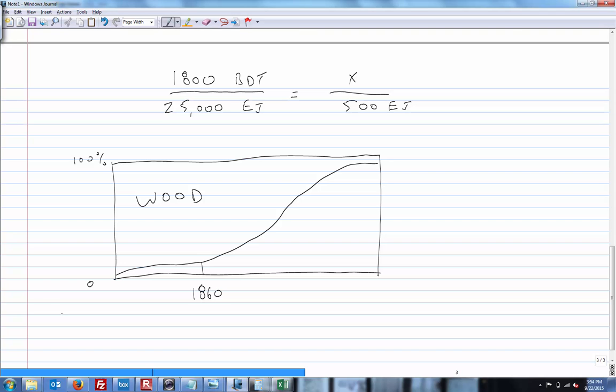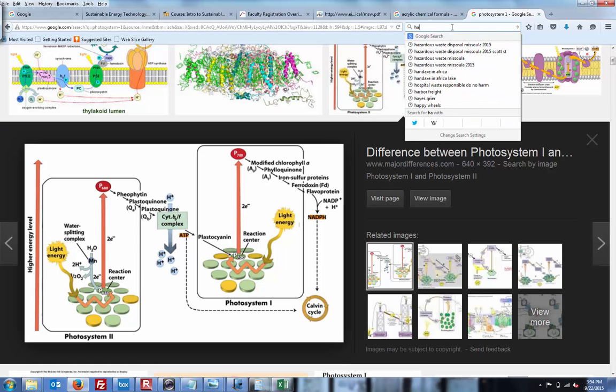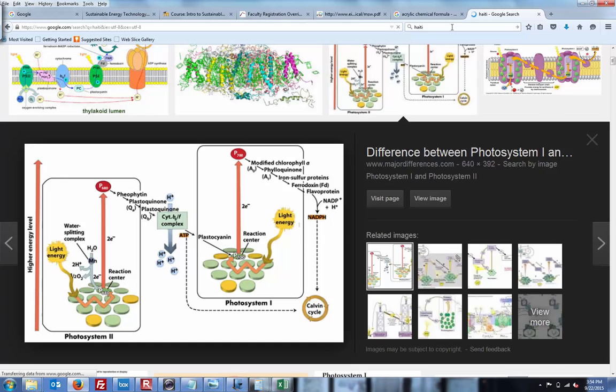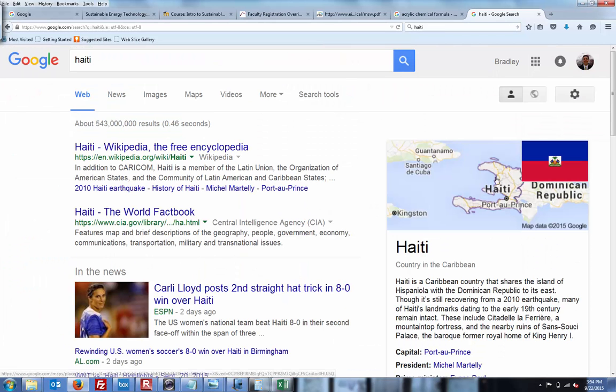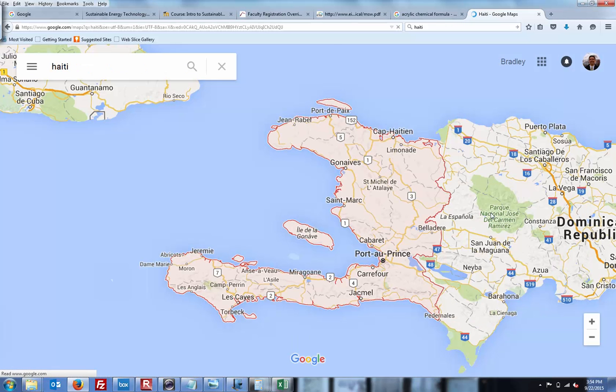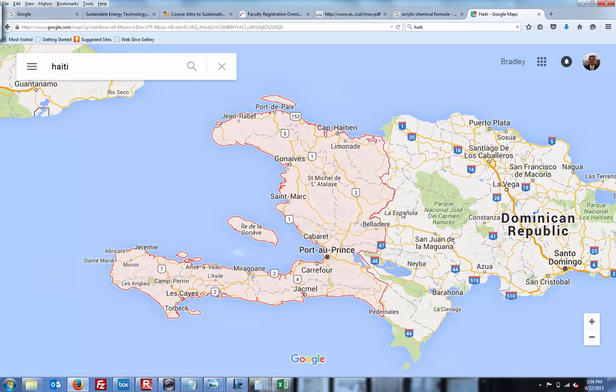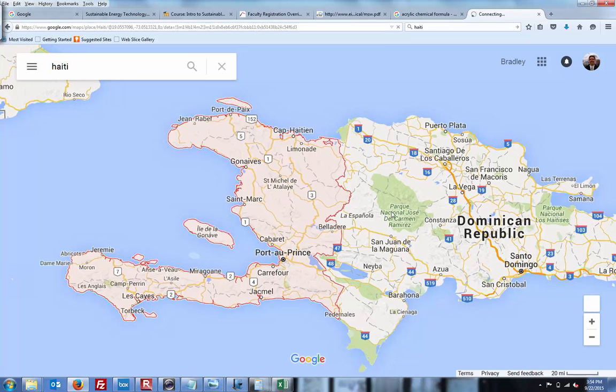And I want to show you something else that is just astonishing to me. We can look at sustainability. I don't know if you've ever seen this picture or not, but if we look at Haiti and the Dominican Republic, they're on the same island.